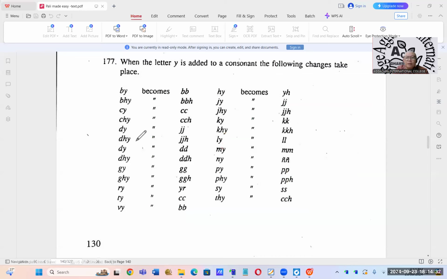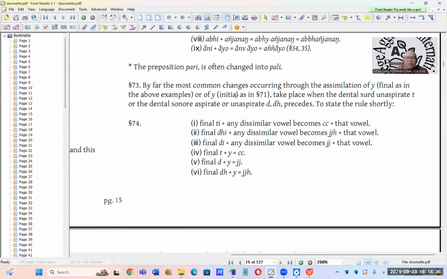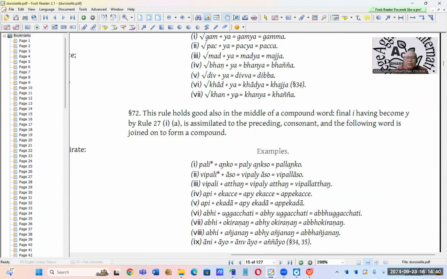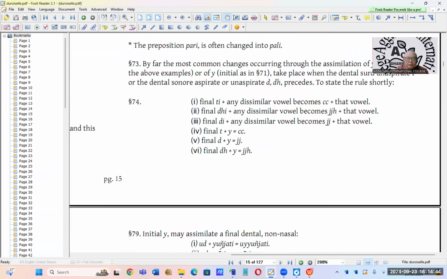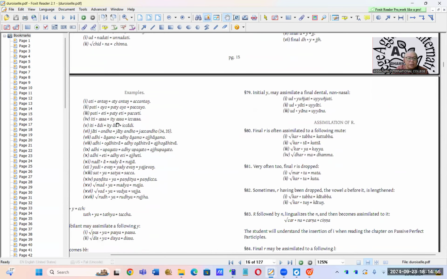Okay. So once you are able to digest this one, the explanation on page 15 of this Y will be easy to understand. I will not go through the examples because there are too many, and I think most of them you can just check in the dictionary yourself.